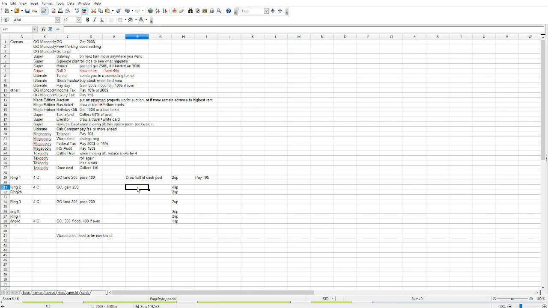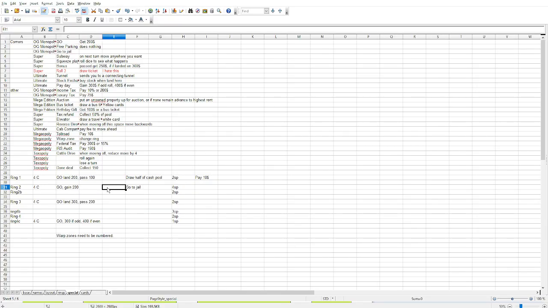I mean, ring two is the one that represents the traditional Monopoly anyways, which does in fact have a go to jail space on it. This spot here, though, is what would have been the jail space, which is not going to be a jail space this time. This is what would have been free parking.